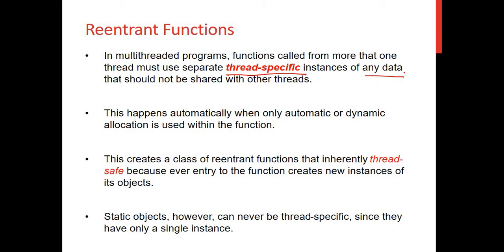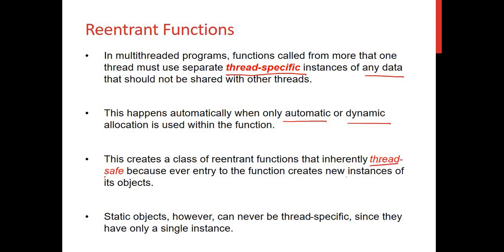This is in a sense quite transparent, because as long as I use automatic or dynamic allocation within the function, then no problem. That means when I go into the function, I declare variables or I do a malloc, and that is no issue, because those variables are created only within the function when I enter. So that becomes thread safe.